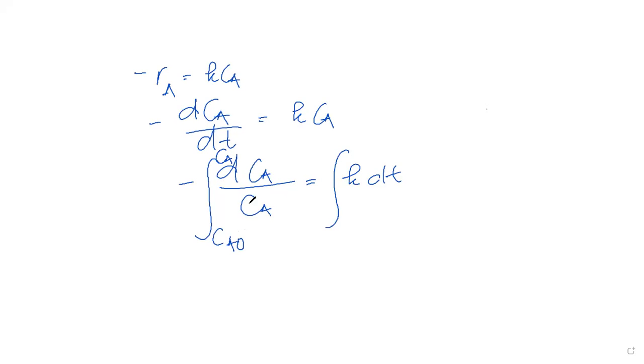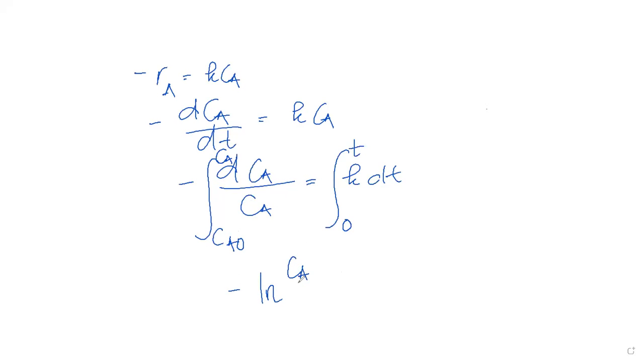We represented the initial concentration by C_AO and we ended with C_A. C_AO corresponds to time 0, no reaction yet, and then time T, the time at which your reaction has already proceeded.